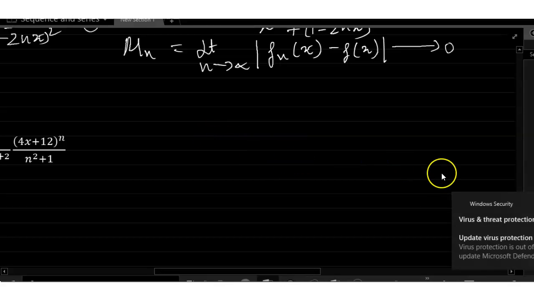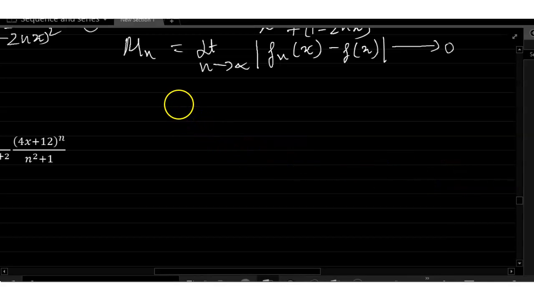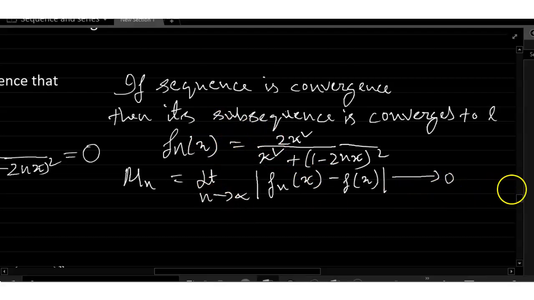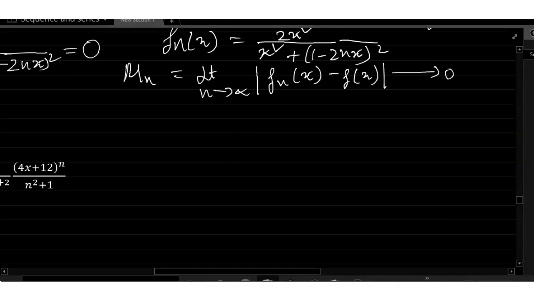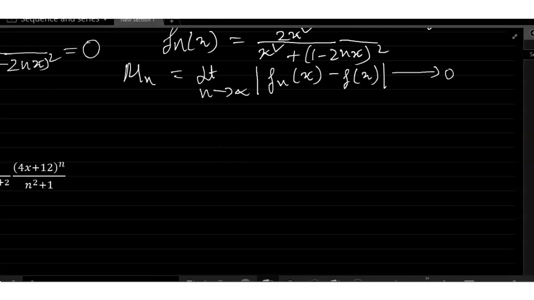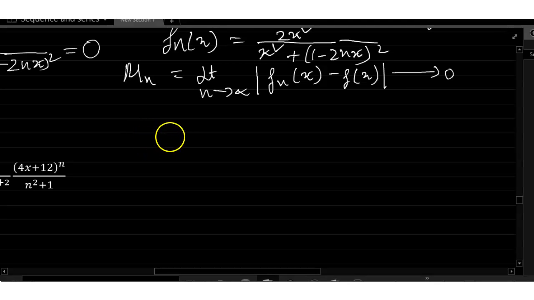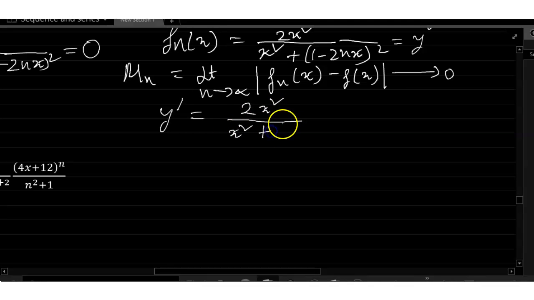Now let y equal 2x square divided by (x square plus (1 minus 2nx) whole square).